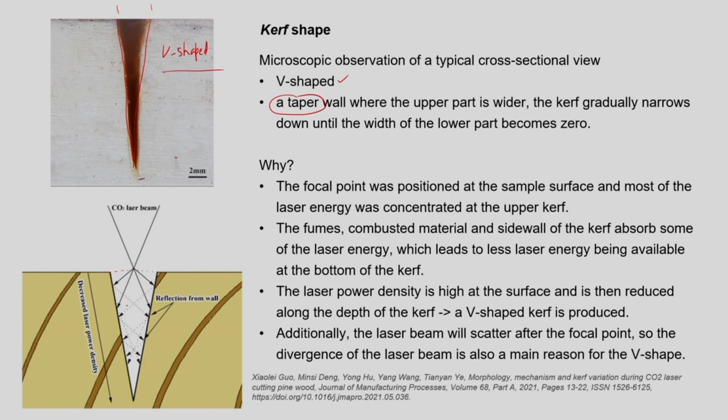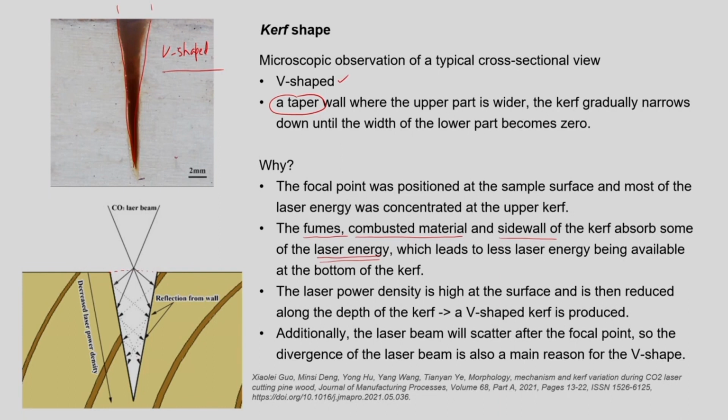During the process of melting and vaporization, fumes are generated, there is a combustion of the material, and there are sidewalls. So, these materials are absorbing the laser energy. The fumes, combusted material and sidewalls are also absorbing the energy, so the energy left for the ablation or the melting or vaporization of the material would be reduced.